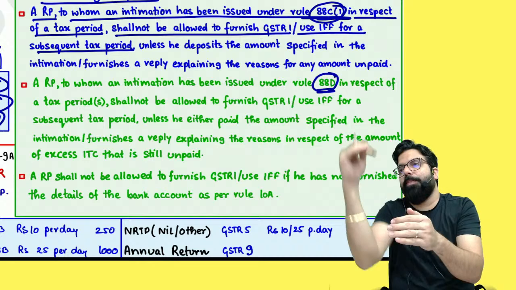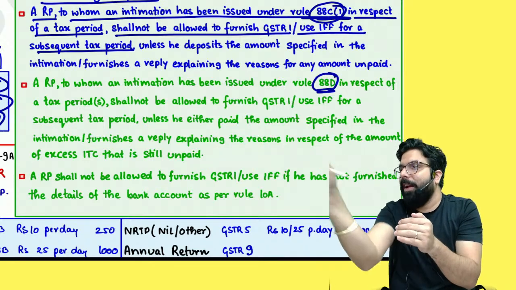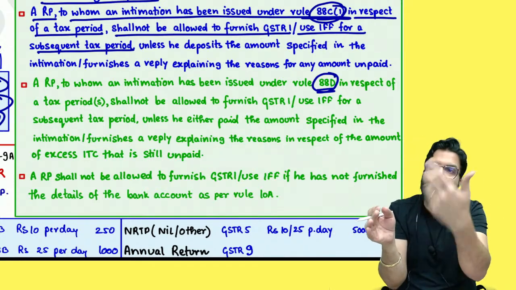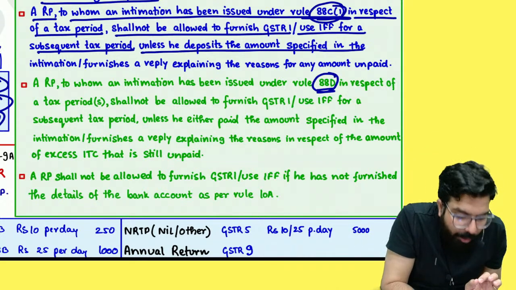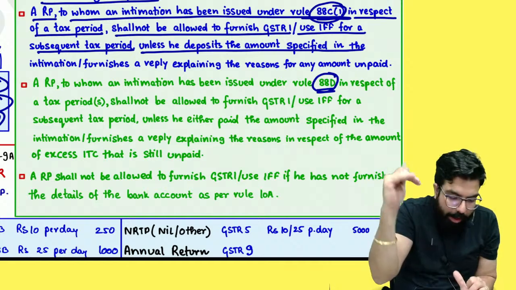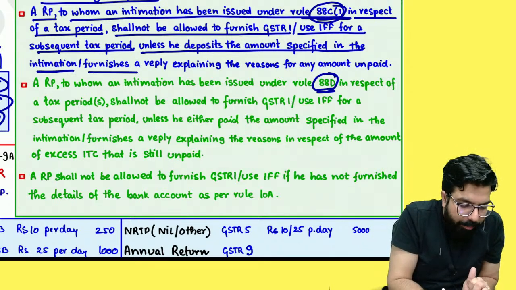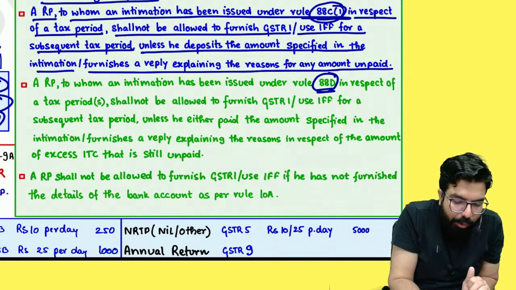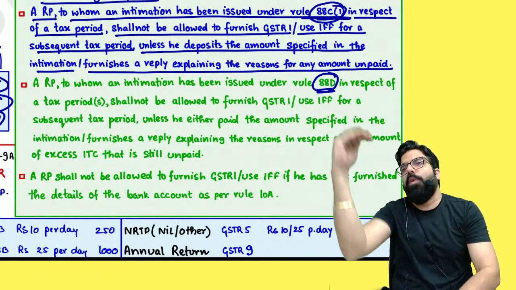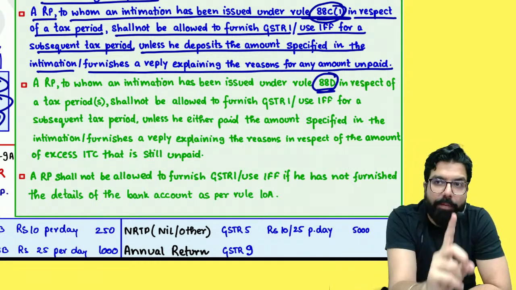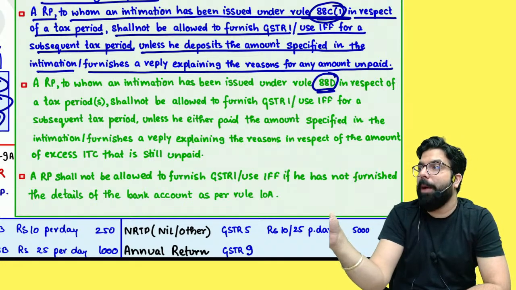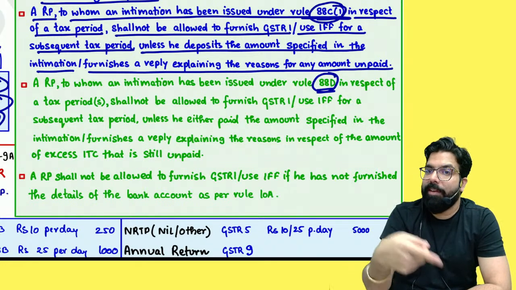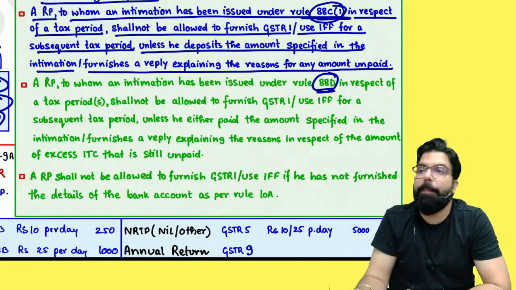If this month there was a difference and you were sent an intimation, next month's GSTR 1 is not allowed unless you deposit the difference amount, or you have given a reply explaining the reason for the unpaid amount. For the differential amount, either you give the reply or you make the payment. Otherwise, what will happen, everyone? Your GSTR 1 will be blocked. Is my point clear to all?